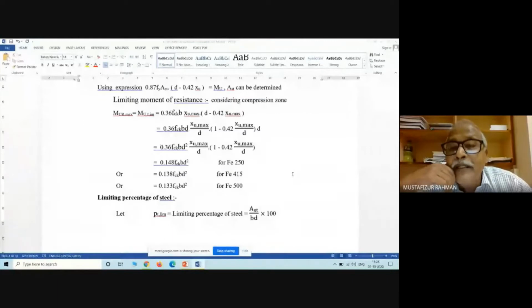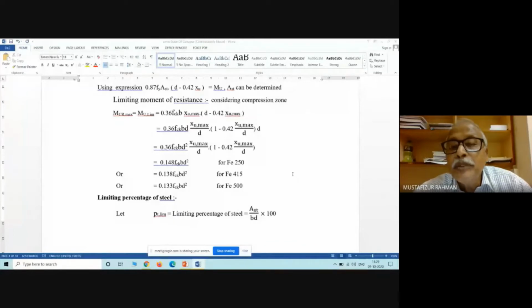You bring d out of the bracket. So when you are bringing d out, I am writing 0.36 fck b, and another d is written because xu maximum is divided by d, so it is neutralized. Then the bracket is 1 minus 0.42 xu maximum by d. One d is outside; this d is removed outside.